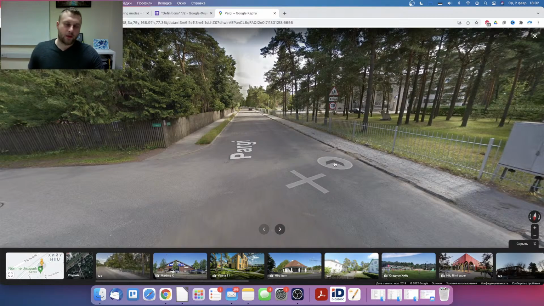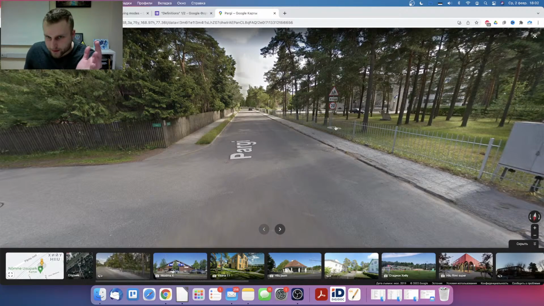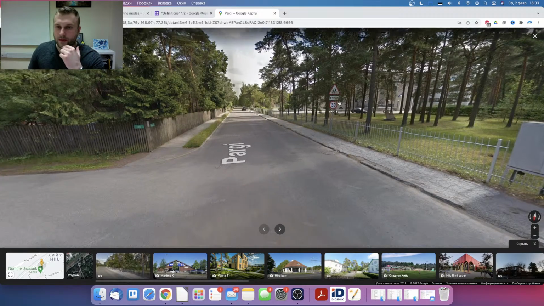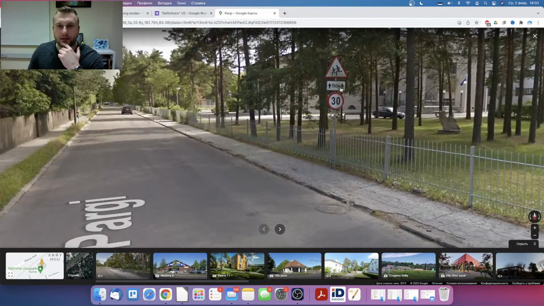So when we come to this place with the students, I usually ask them for how long this 30 is valid. As you remember from the previous lessons, if you just have a casual 30 sign, it will be cancelled at the next crossroad. So after the crossroad, you can go 50. But some students still think that this 50 sign is valid for the 30 as well, and as you understand now, it's actually not.